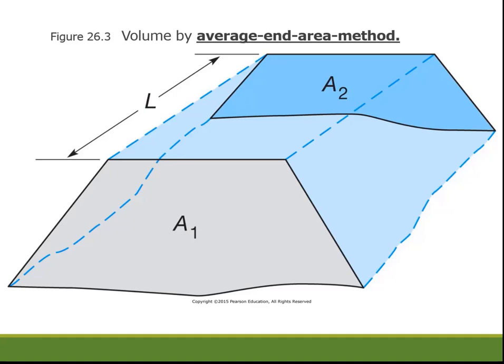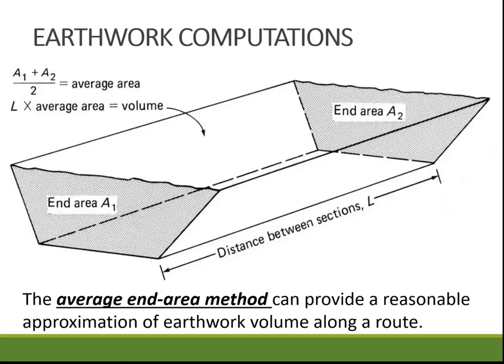We average those two areas and then multiply by the length that separates them to give us an estimate of the volume of the enclosed shape. So the formulation is: volume equals (A1 plus A2) divided by 2, multiplied by the length between those areas.